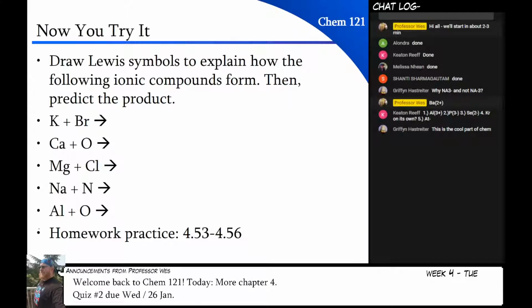Let me number them. I'm going to give you a few minutes to draw the pictures here, and then we'll go over the answers.